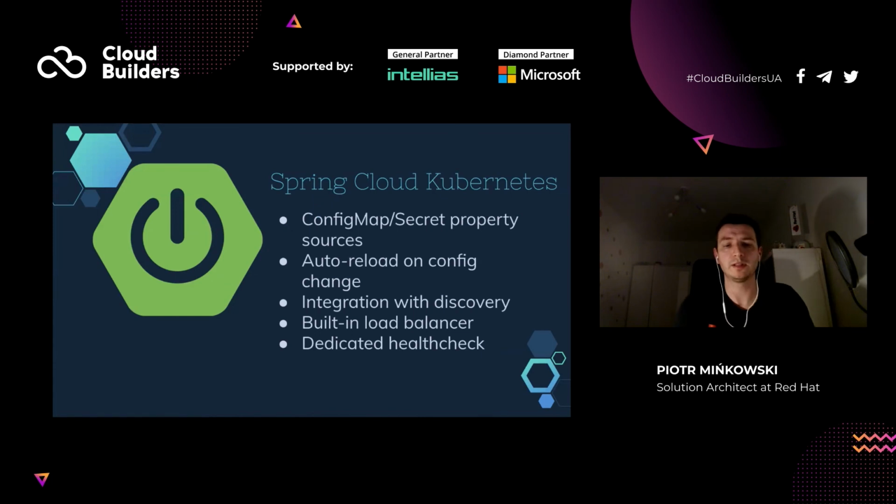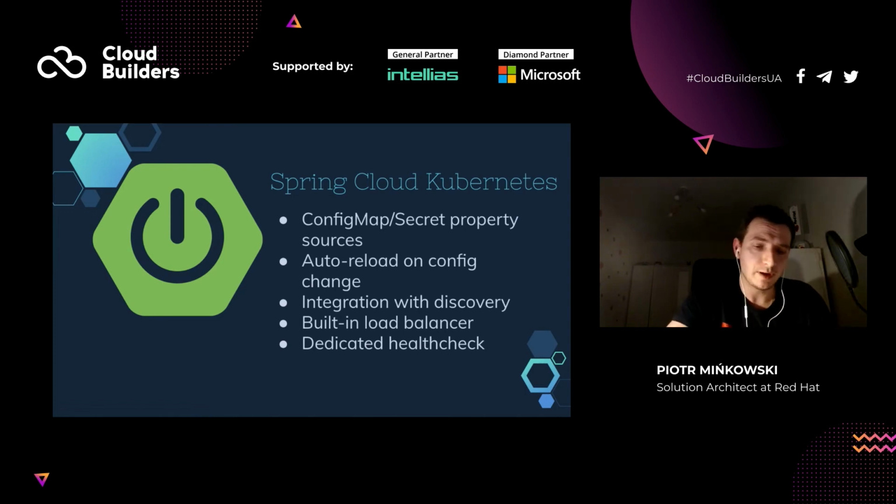So Spring Cloud Kubernetes was originally created and maintained by Fabric8, and it was moved to the Spring Cloud incubation stage. Currently, it's the third most popular Spring Cloud project when looking at the number of GitHub stars.